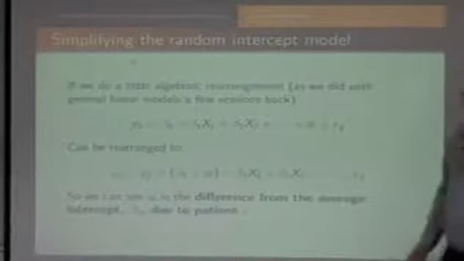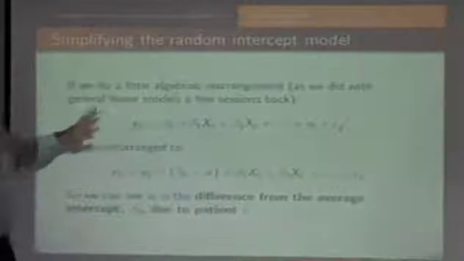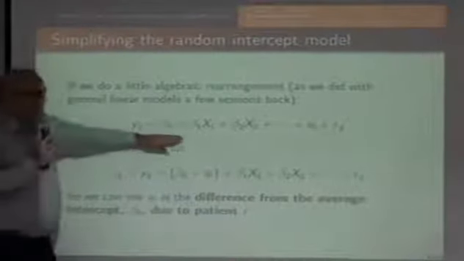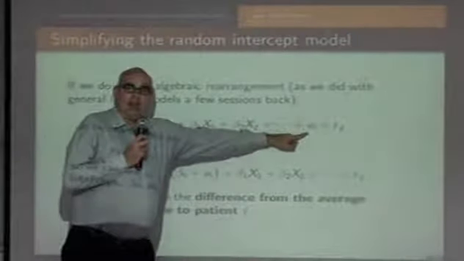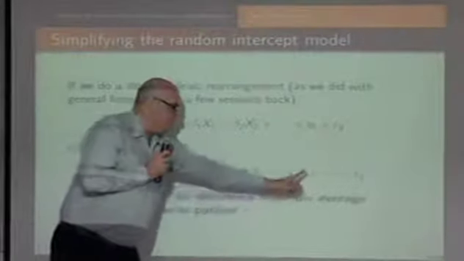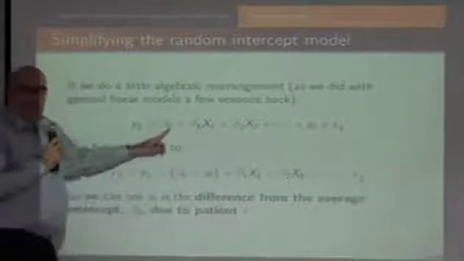Let's do a little rearrangement to make this clearer. Just being explicit here, here's our full model. These are our fixed effects, and then we have the random effect. Because it's a constant, I'm going to simply move that random effect up to here.